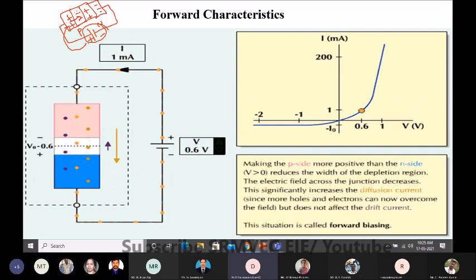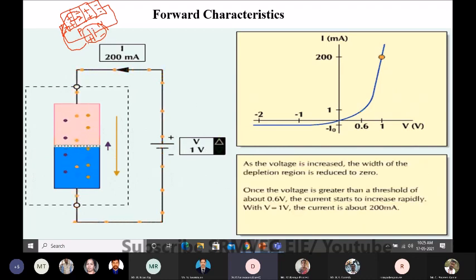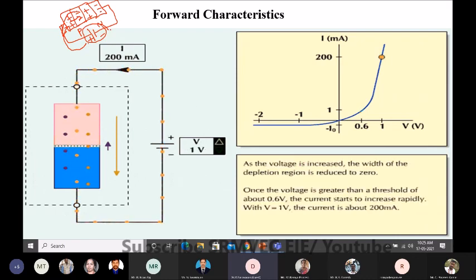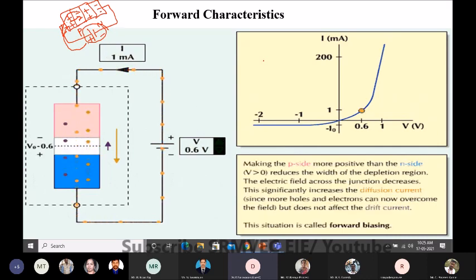Otherwise we can say the electrons are going to be attracted. Either way, movement of charge carriers will take place with the positive supply connected to P type and the negative connected to N type. This movement of charge carriers is what we call current flow.